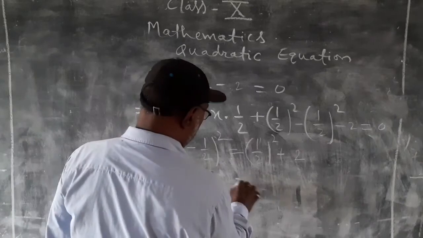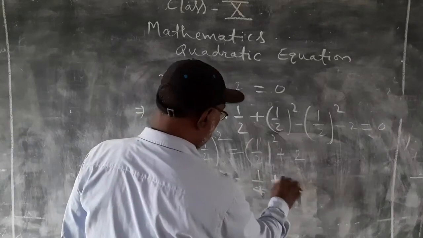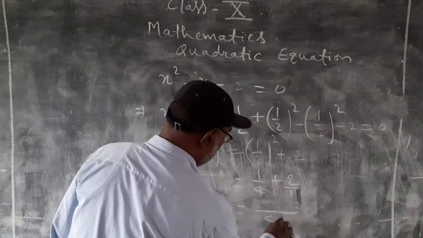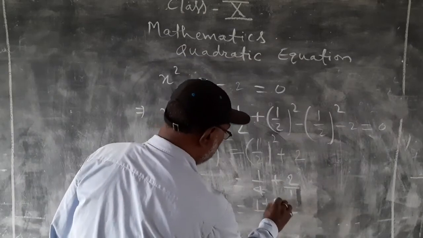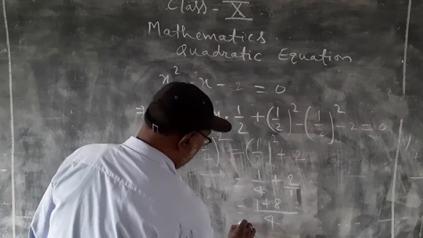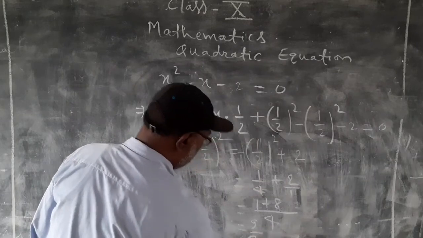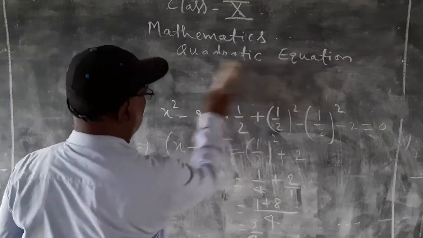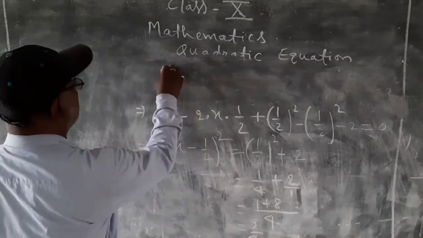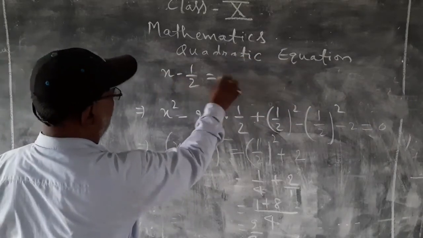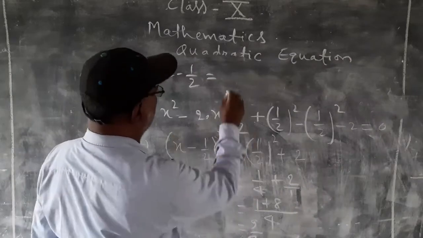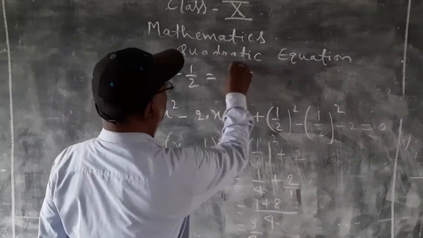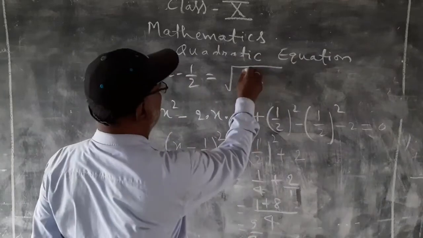Now simplify and solve. 1 by 4 plus 2. Take LCM, which is 4. 1 plus 8 is 9 by 4. Then x minus half equals, if you take the square to the other side, it will change to square root.